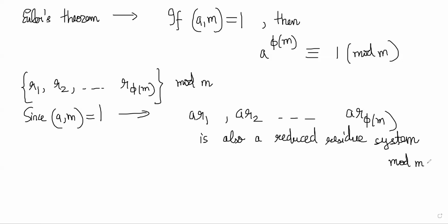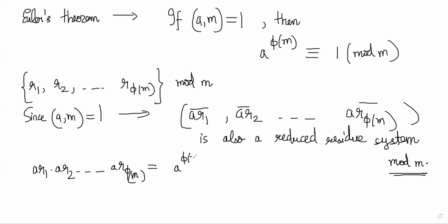This is one of the properties that we saw for reduced residue systems, right? So let's think about what happens if we multiply all of these. Multiplying all of these, you will get AR1 times AR2 times up to AR phi M. So this will become A power phi M, and the product of R1, R2 till R phi M, mod M, right?